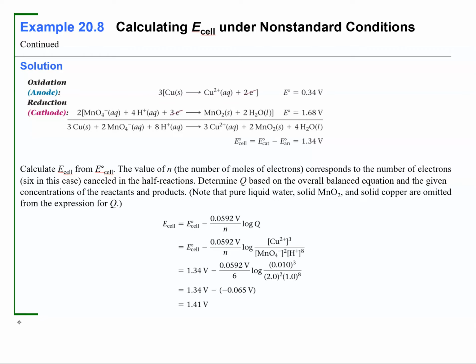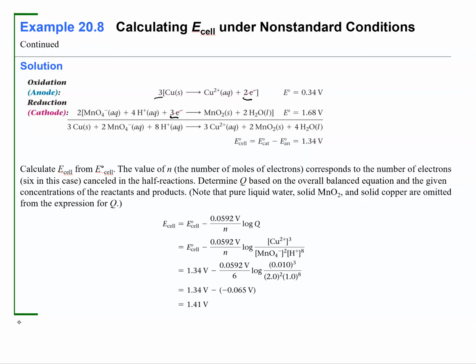So, the copper is going to be our oxidation at our anode, and it's going to have a reducing potential of 0.34 volts. And our permanganate, which is our reduction side, at our cathode, is going to have a reducing potential of 1.68 volts. Now, to balance these, because we have 2 electrons on the oxidation side and 3 electrons on the reduction side, we're going to have to take everything to 6 electrons so that we can cancel, right?